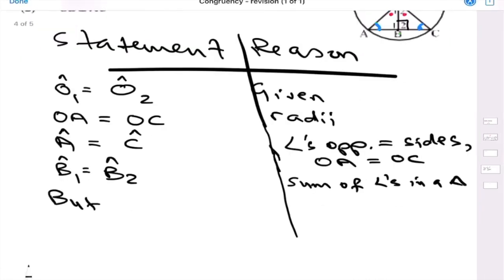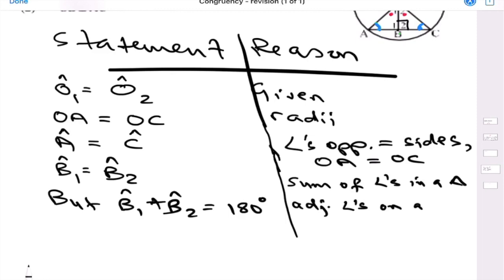But you will notice B1 plus B2 should give us 180 degrees. Those are adjacent angles on a straight line. So the reason is adjacent angles on a line.